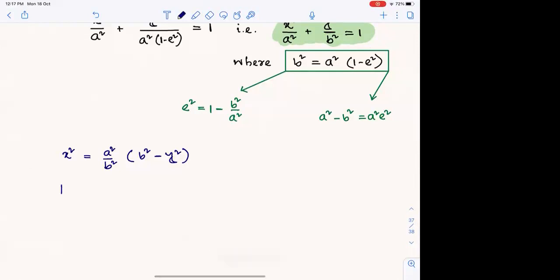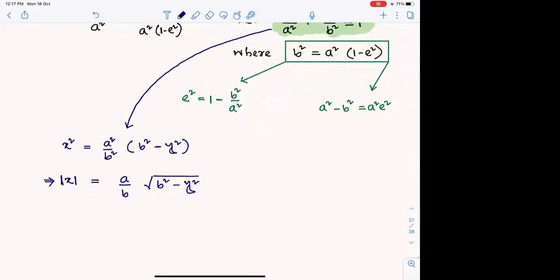Or better to say, mod x is equal to a by b into square root of b square minus y square, as we have considered a and b as lengths, so I am writing only a and b, not mod. These are the conclusions we can take out of this equation, right? Is it okay with everyone?